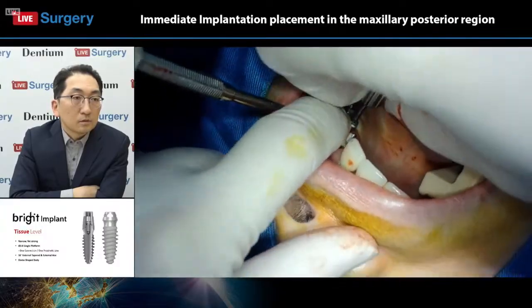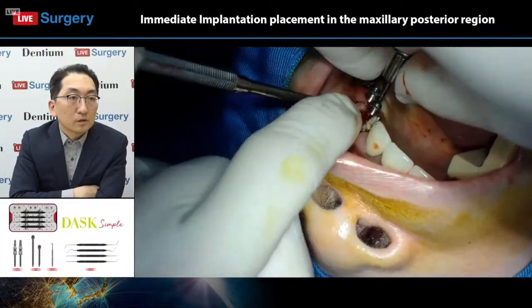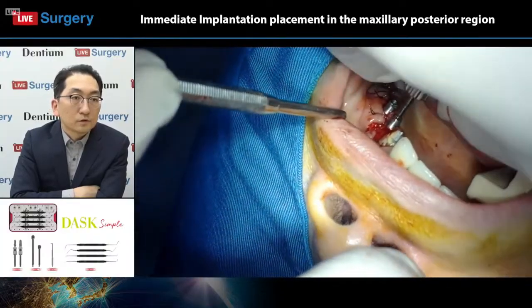Okay, now I connected the scan body to the 24 fixture.